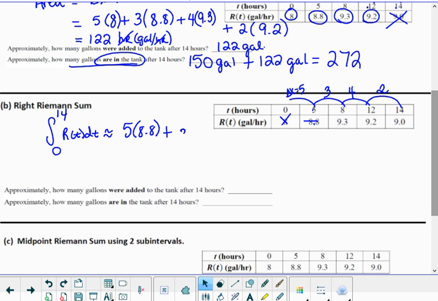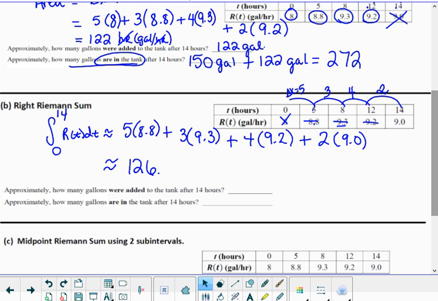Plus width 3 times the next right side, 9.3. Use that one, plus 4 times 9.2, plus 2 times 9.0. And if we add all that up, I get 126.7. Definitely less than what we had last time.